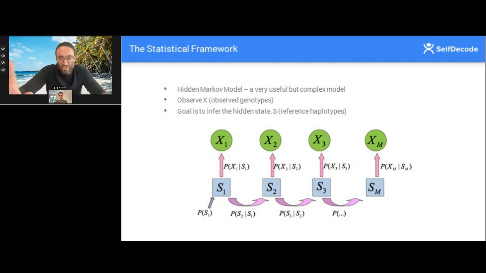So let's go through that and make it very simple. In our situation, a way to think about it is, if you're trying to determine which haplotype somebody belongs to based on just observing their genotypes, the only thing that matters is the current haplotype they're on. So when you're trying to figure out the next haplotype, that is only influenced by the current haplotype they're on.